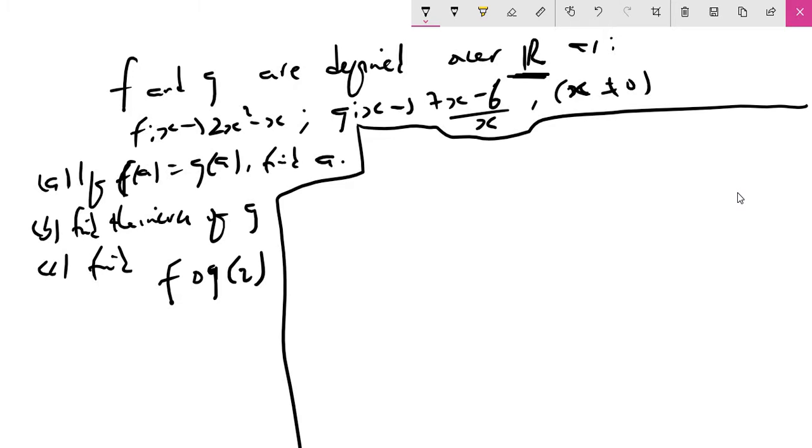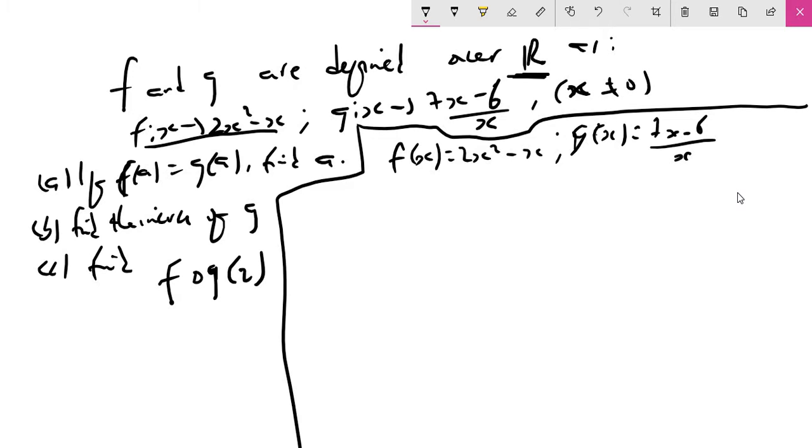And then they told us what those functions are. f of x is 2x squared minus x, and g of x, of course, is 7x minus 6 over x. But here they said something peculiar: x is not equal to 0. Why must they say that? Well, take g of x. If you put x equal to 0, what do you get?